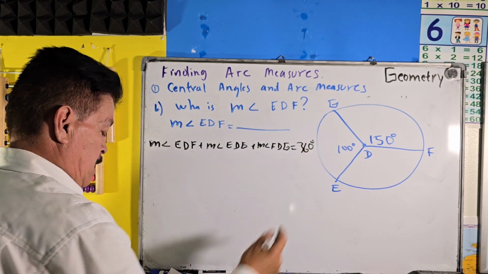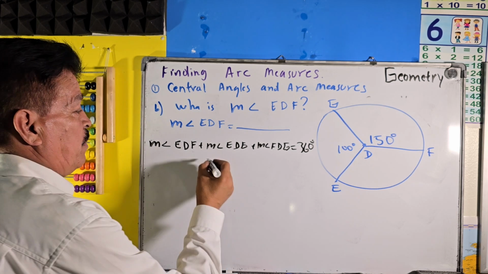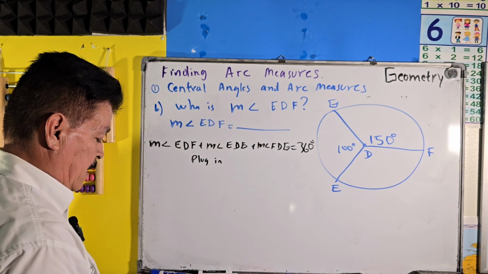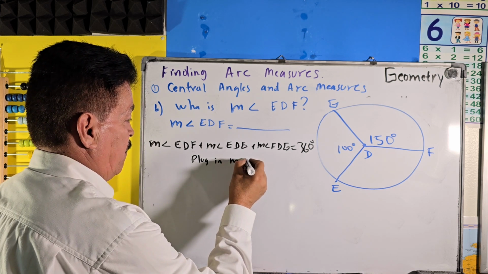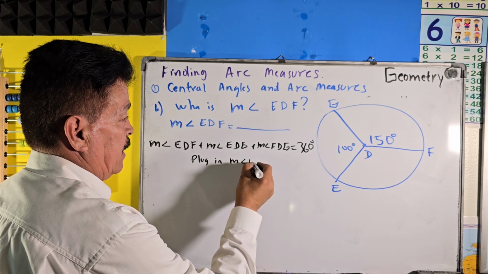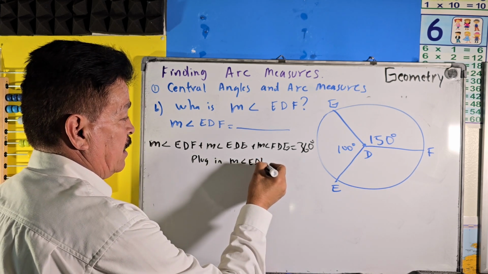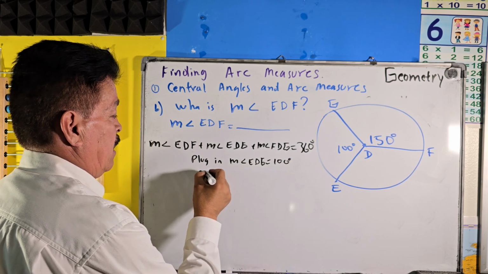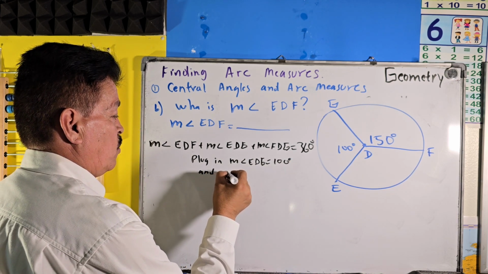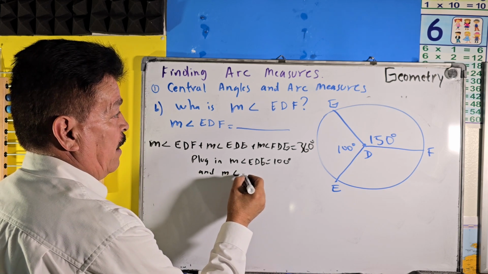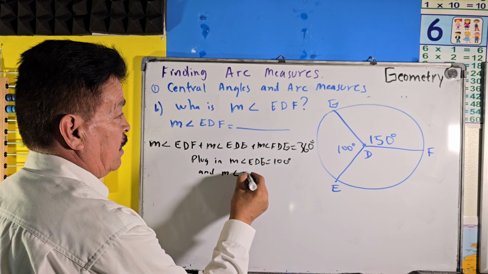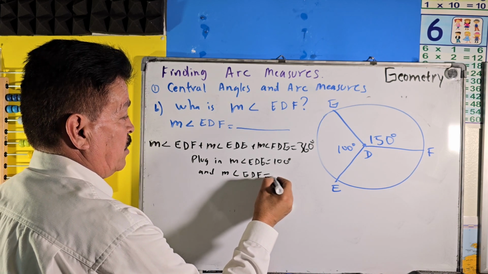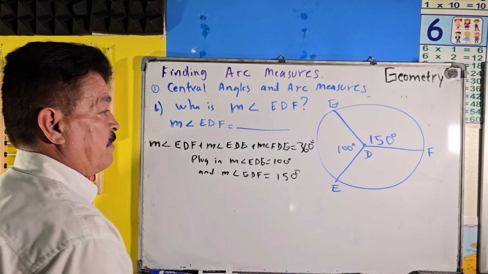Now we plug in the measure of angle EDG equals 100 and the measure of angle GDF equals 150 degrees.